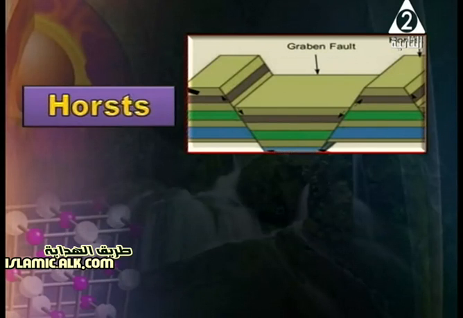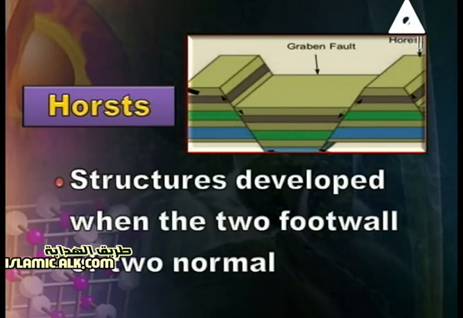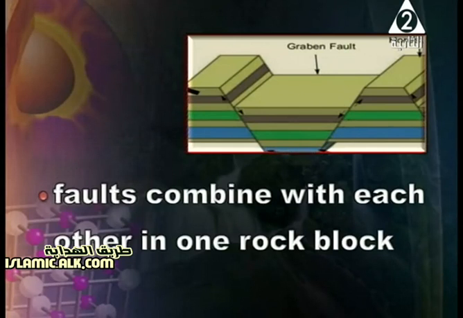Also we can see horst. Horst is a structure developed when the two footwalls of two normal faults combine with each other in one rock block. As you see, if it is the lower block or the higher block, we get grabens or horst.